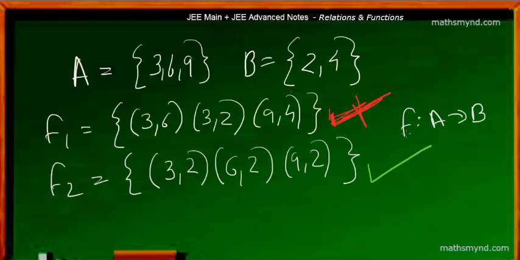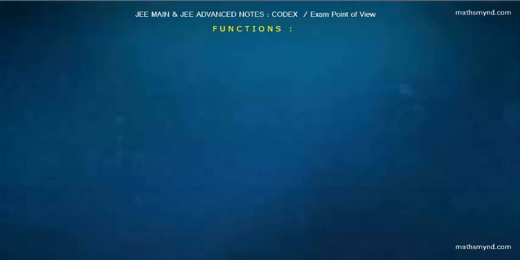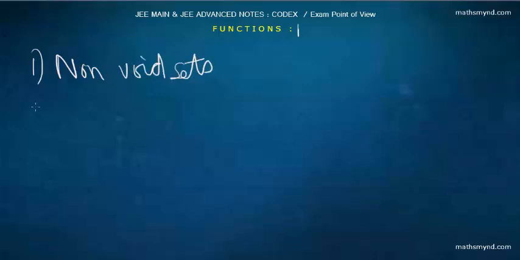So that gives us the idea what kind of relations become a proper function. What are the key points of this particular section? The first key point is that you should be dealing with non-void sets. That is, sets ought to have elements so that they can form proper functions.